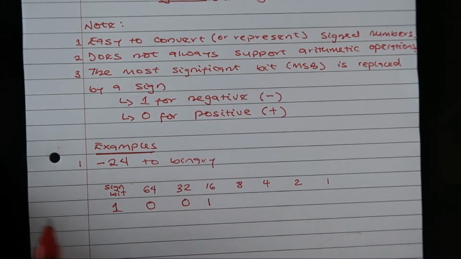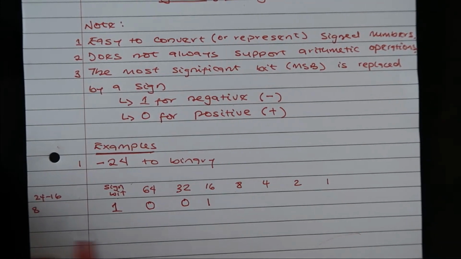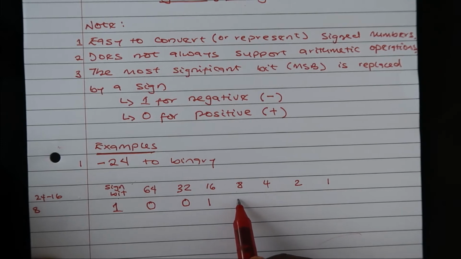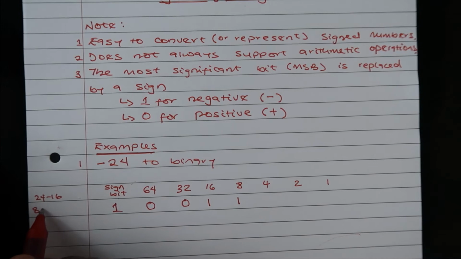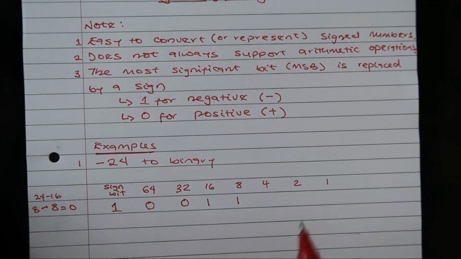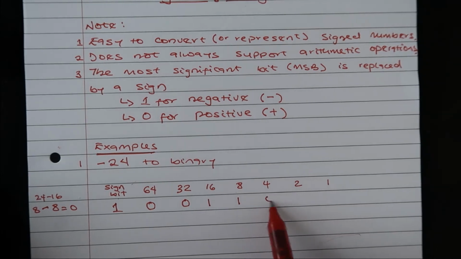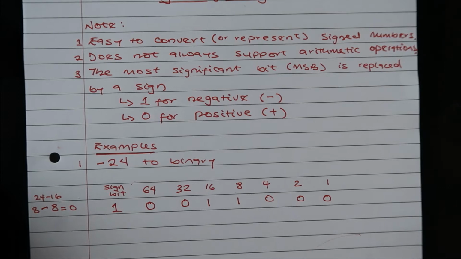So I'll put a 1 there. And I would say 24 minus 16, which gives me 8. Is 8 equal to or bigger than 8? It is. So I'll put 1 there. I'd say 8 minus 8, which gives me 0. And technically, these other values there will be 0.